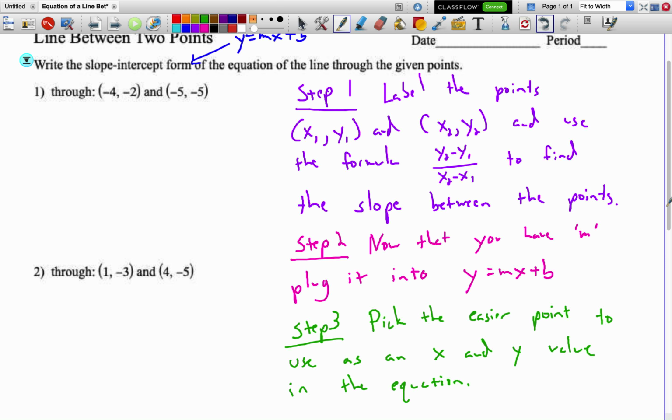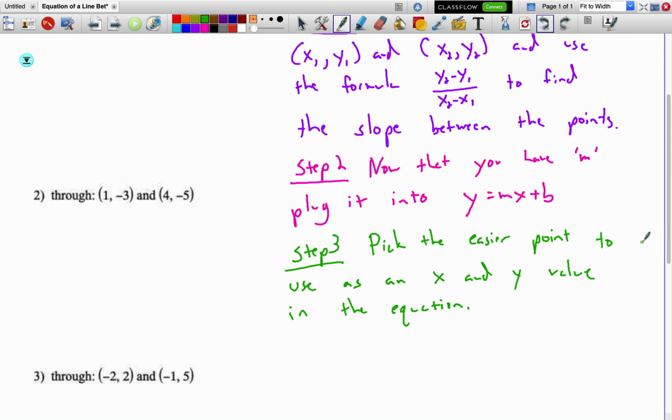I sometimes call this borrowing. We're going to borrow a value for x and y. All right, when we do this, we should now be able to, in step 4, solve for b in the equation. Because if we know m and we borrow an x and a y, b will be the only remaining variable and we can solve for it. So solve for b in the equation.